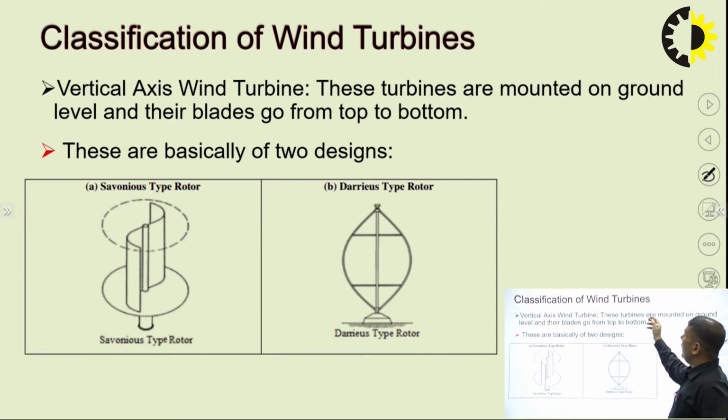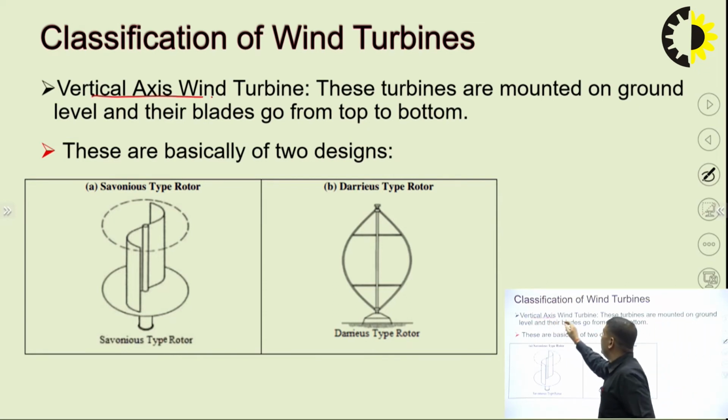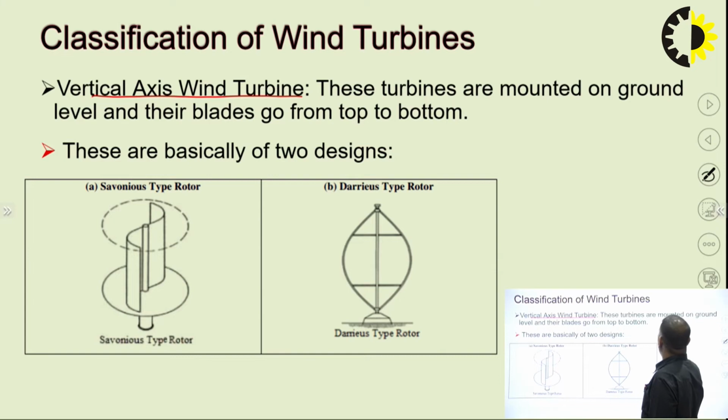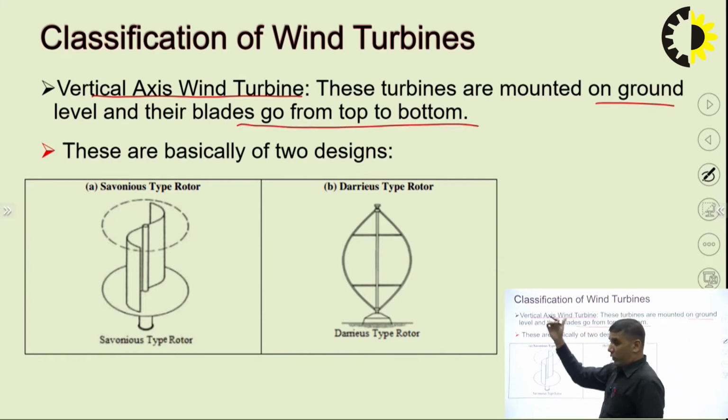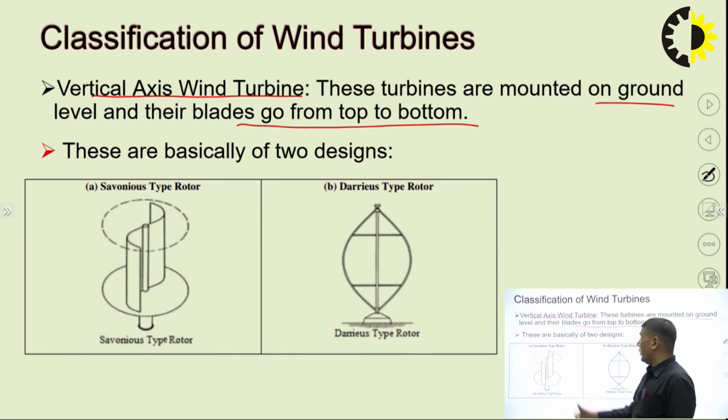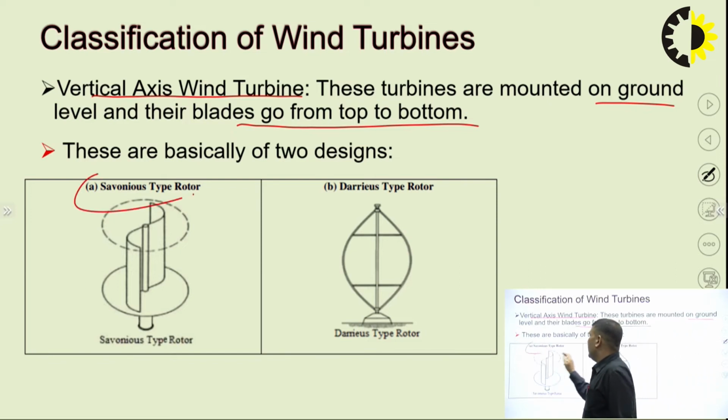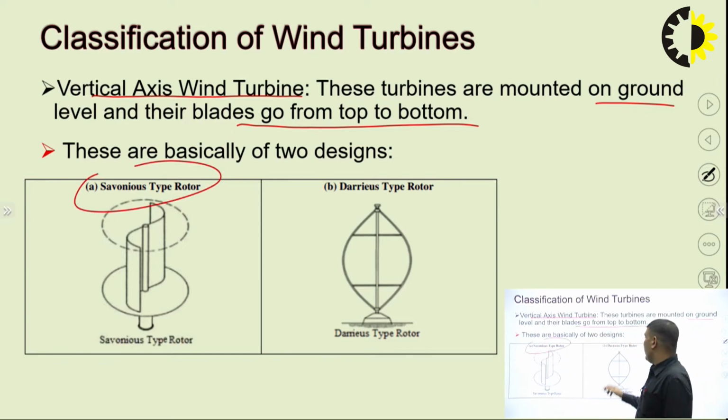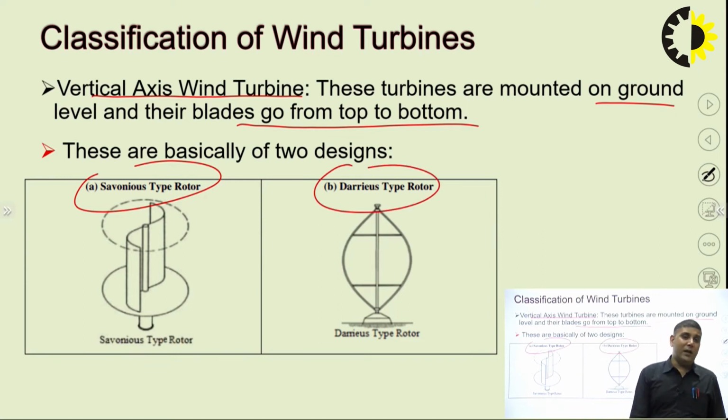Then if we classify according to vertical axis wind turbines, these turbines are mounted at ground level and their blades go from top to bottom, and they are of two types based on their design. The first one is the Savonius type rotor and the second one is the Darrieus type rotor.